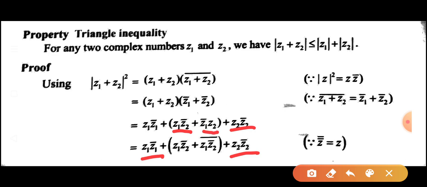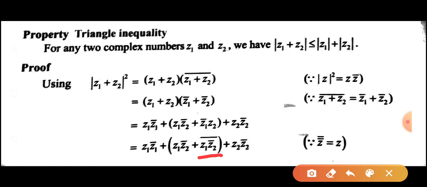How do you change it? Listen, first we write z1 into z2 bar. The second term, z1 bar z2, we are going to write as z1 z2 bar the whole bar, because z bar the whole bar equals z. Once again listen: here z1 bar z2, we write z1 z2 bar the whole bar.